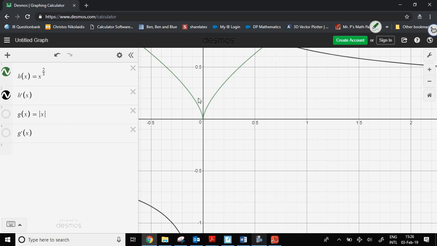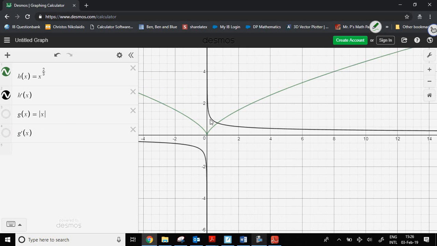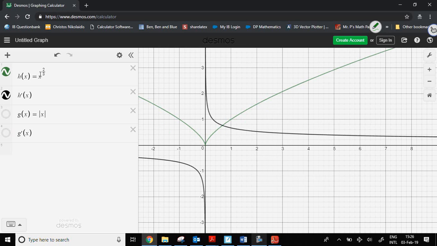And yes, its derivative graph does look like that. And you could use the power rule to think about what that looks like. You'd get a function that would be undefined at x equals 0. So the derivative graph is not defined necessarily on the same domain as the original function. It could be defined on a smaller domain, but it could not possibly be defined on a larger domain.